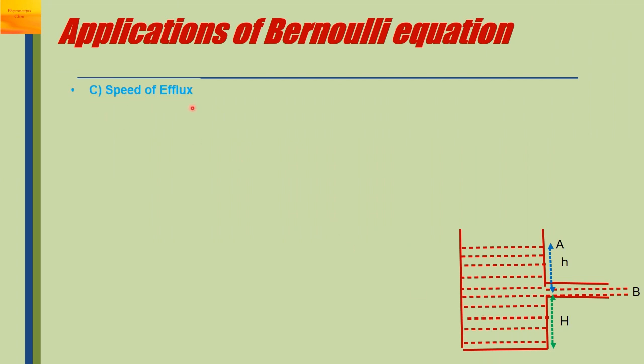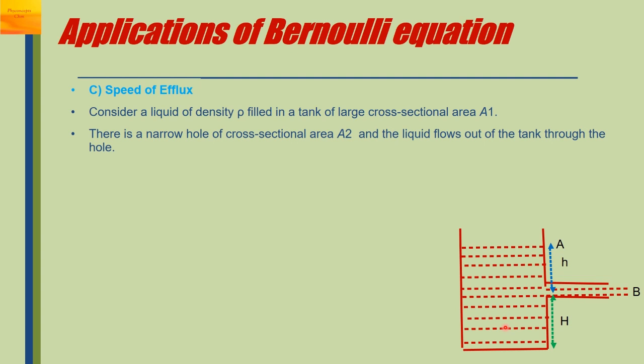Third is the speed of efflux. We will consider a liquid of density rho filled in this tank shown in the diagram. This is a tank having a large cross-sectional area A1. There is a narrow hole here, which we can call an orifice.